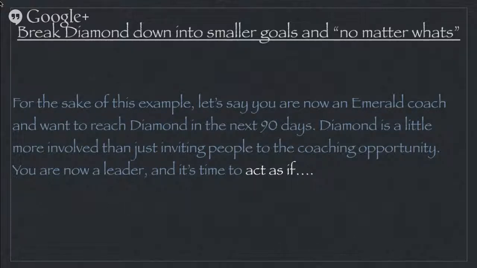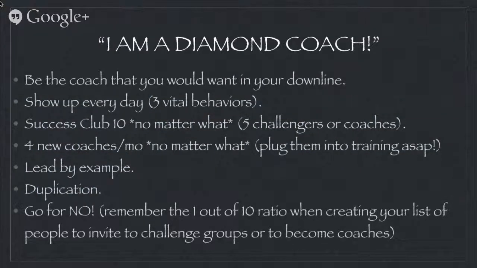Now that you're an Emerald, you're a leader, and it's time to lead and act as if. So I want you all to say out loud, I am a Diamond coach. If you want to be a Diamond coach, you need to act like a Diamond coach. So you need to ask yourself, what does a Diamond coach do?